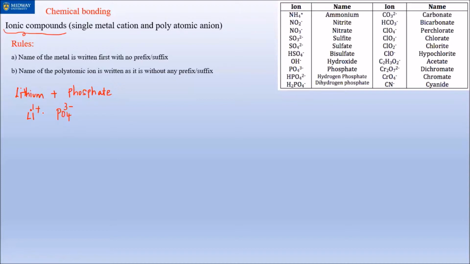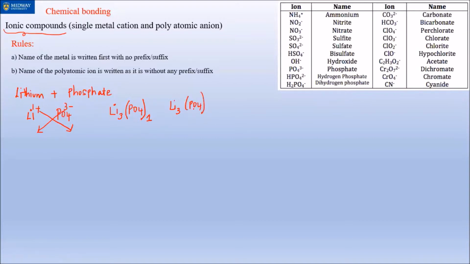All right, so when we swap, the 3 comes over here. The 1, I prefer to write in brackets whenever I deal with polyatomic ions. The 1 comes outside of the bracket, but we don't really write the 1. For now, I'm just going to put it, but it's written as this.